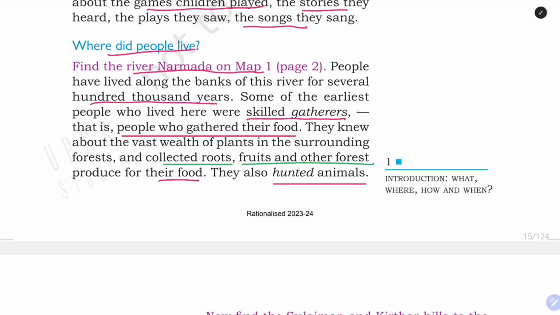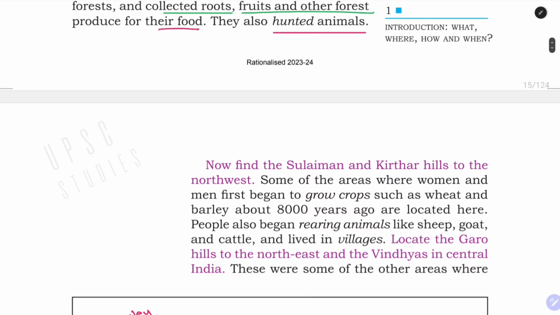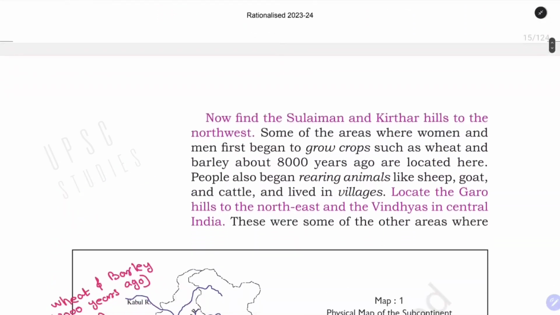They were skilled gatherers. That means they gathered their food. They knew the vast wealth of plants in the surrounding forest, and collected roots, fruits, and other forest produce for their food. They also hunted animals. Okay, that is about the Narmada river and the place adjacent to that.